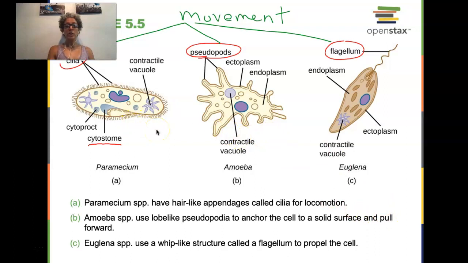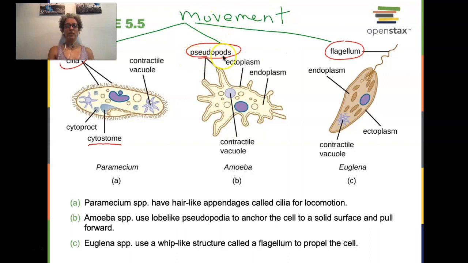Protozoans are typically classified according to how they move. They may have cilia, which are short little hair-like projections that wave back and forth to propel the organism through fluid. They can have pseudopods. Pseudo means fake or kind of like, and the suffix pod means foot.